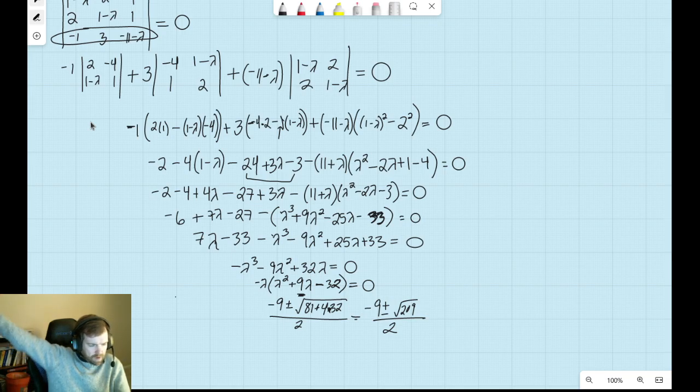Alright, so 0, 1/2 of negative 9 minus root 209 and plus root 209. Yep. Okay, so those are at least correct. Got eigenvectors with it, which is gross.